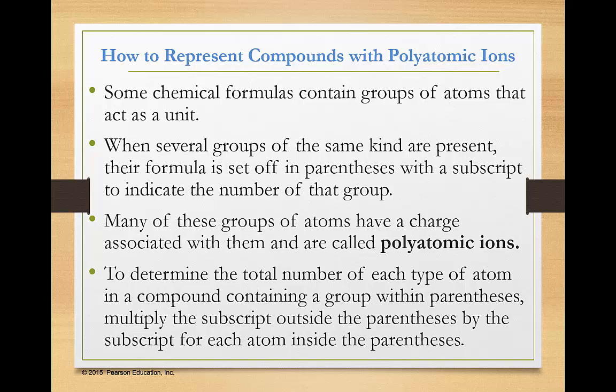So like the NO2 that we had, that 2, the subscript inside, has to be multiplied by the number outside the parentheses. The number outside the parentheses gets multiplied by all the subscripts on the inside to get the total number of atoms. Let's take a look at that as an example.